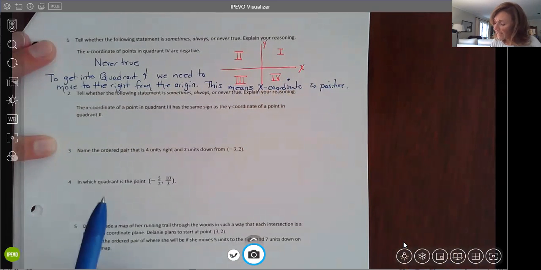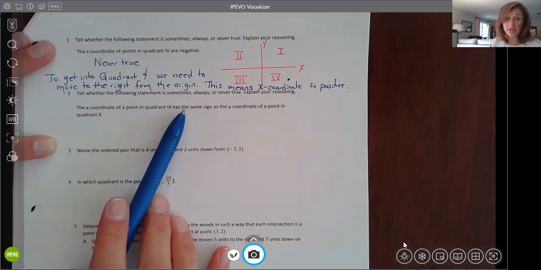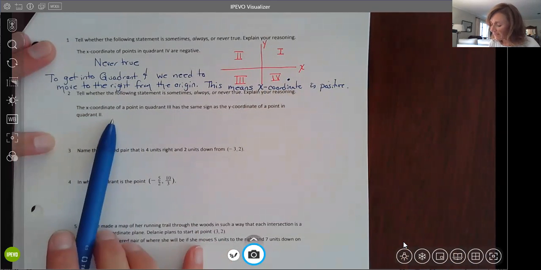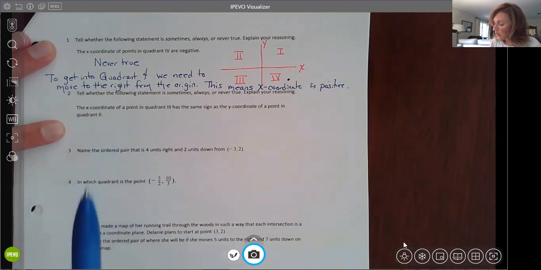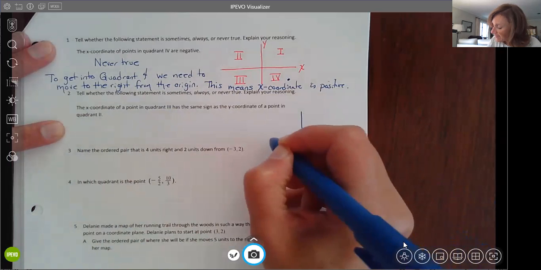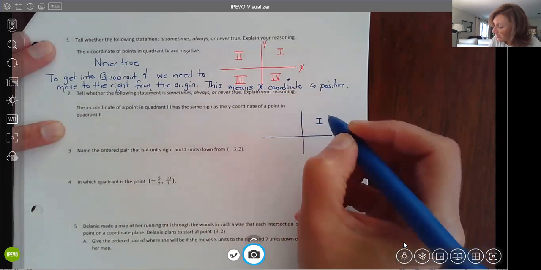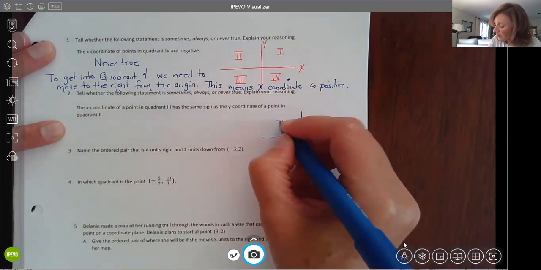Okay. Tell whether the following statement is sometimes true, always true, or never true. Explain your reasoning. The x coordinate of a point in quadrant 3 has the same sign as the y coordinate in quadrant 2. All right, here we go.